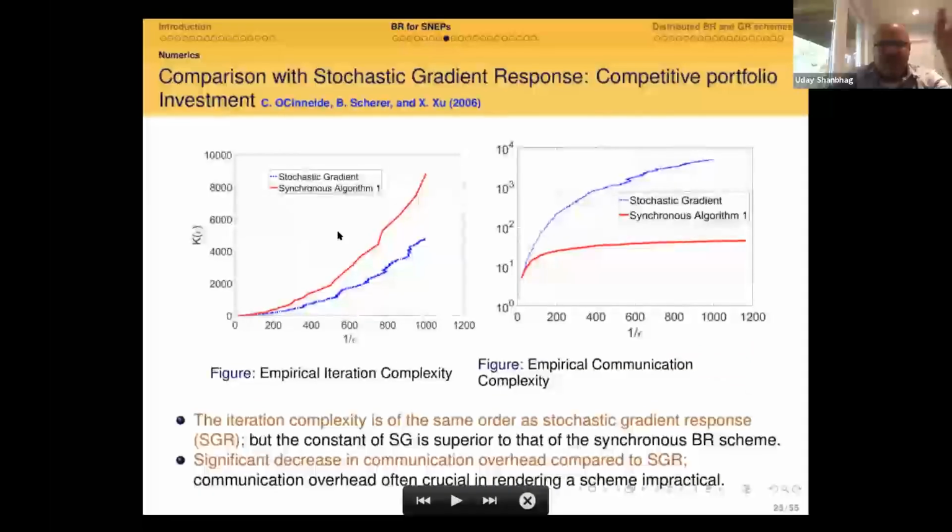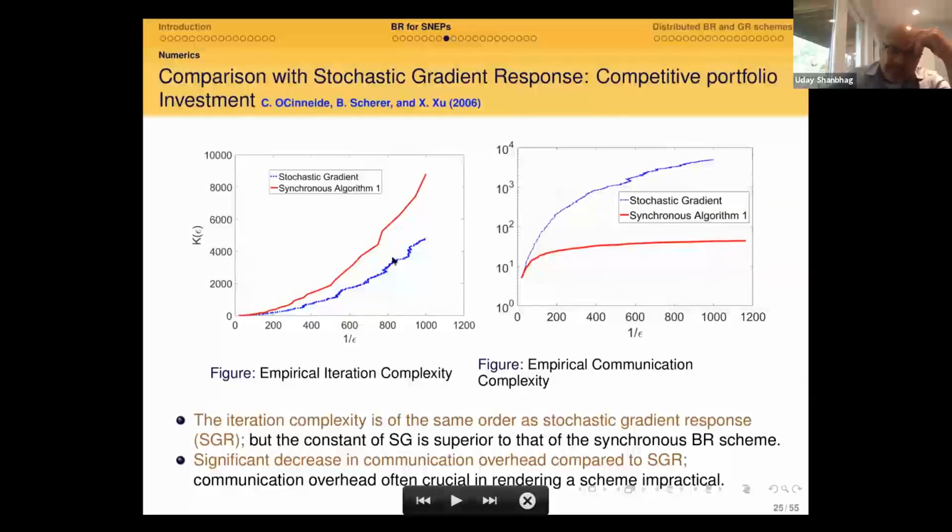So this is the iteration complexity in the case where you have a synchronous scheme. And I want to point out certain aspects of the scheme. We ran this on a competitive portfolio investment problem, around 12 agents, if I'm not mistaken.